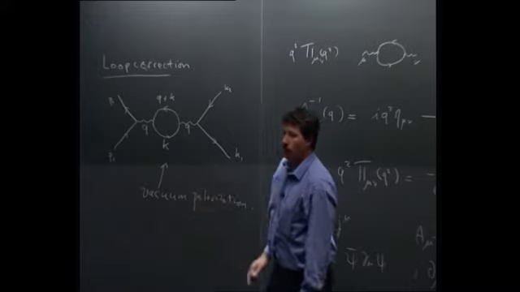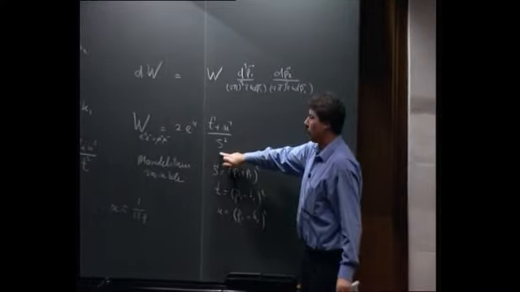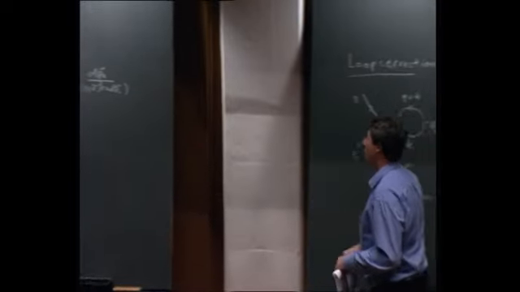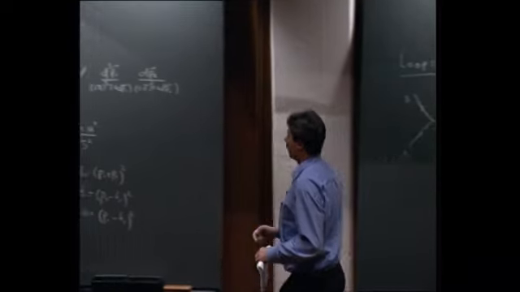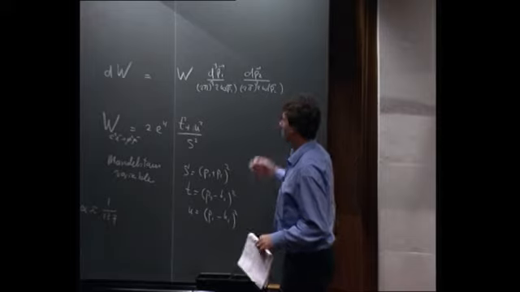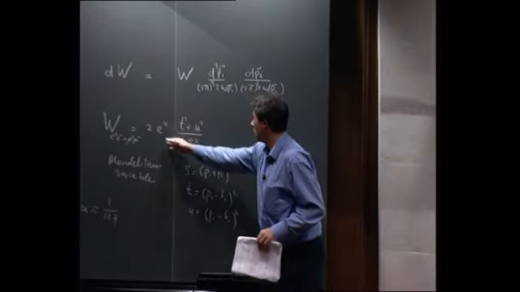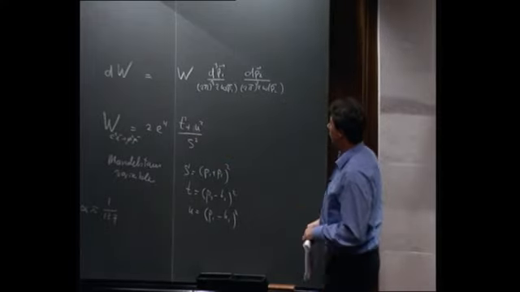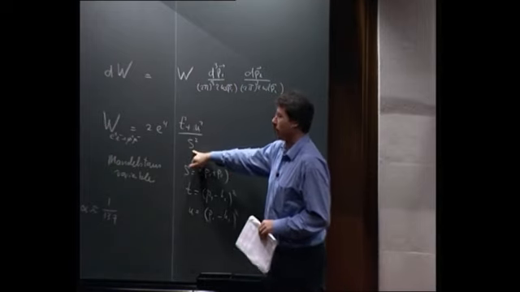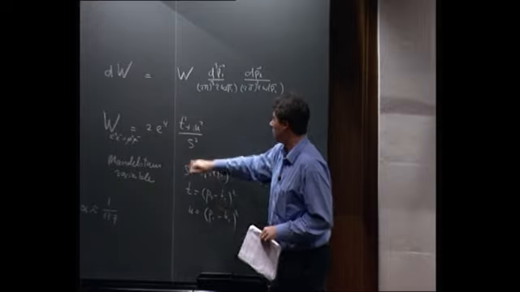The way that the propagator affected the calculation was through giving eventually the 1 over s squared in my answer for my scattering transition probability. So what this whole calculation will do is modify not the expression in the numerator, but the expression in the denominator.